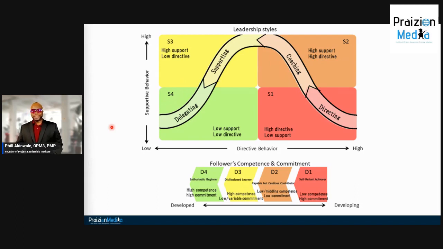So a delegating leadership style is another follower-driven leadership approach that is characterized by low amounts of both task and relationship behavior. The follower can perform the task at a sustained and acceptable level and is both confident and motivated to do so.